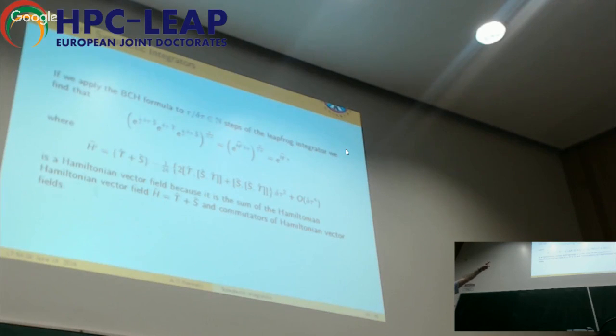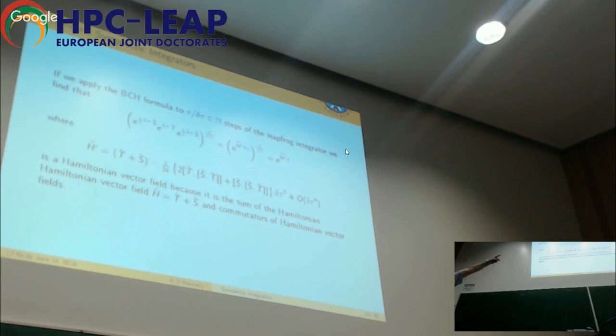Using the formula from the second part of the previous slide, I can combine those products of exponentials into a single exponential with some h prime hat, the vector field with commutators of s hats and t hats. That is t hat plus s hat minus 1 over 24 times those double commutators. So that's just the BCH formula, truncated at that order, so they're order delta t to the fourth terms.